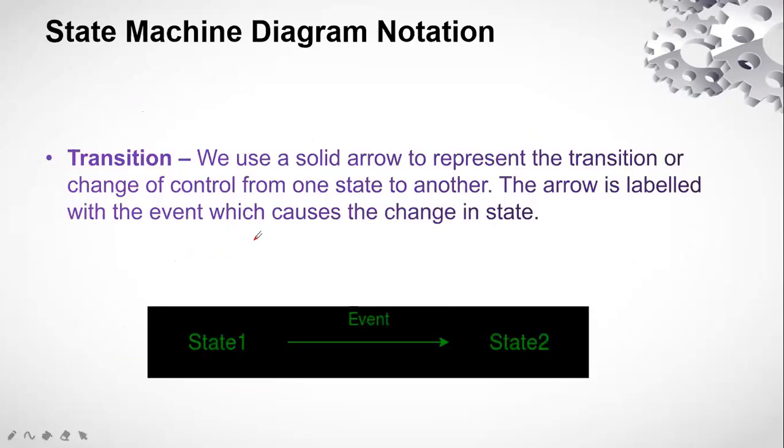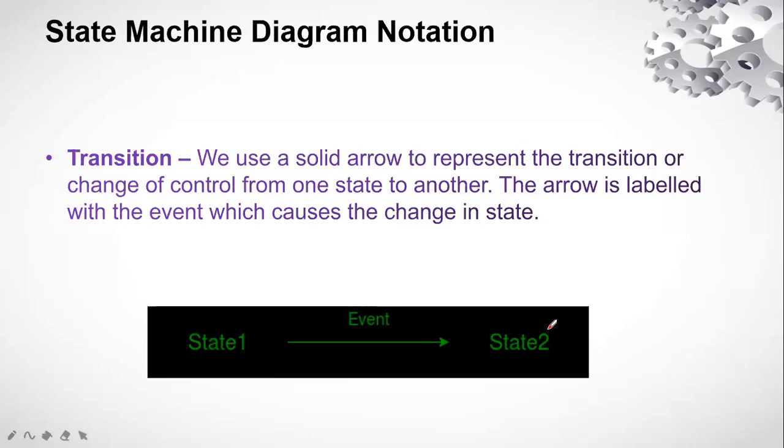Next one is called the transition. What is a transition? This particular arrow is termed the transition. It shows that the flow of control has moved from state 1 to state 2, that is from one state to another. So the transition is being done here from state 1 to state 2. As in, I have written an application, and what was the event? Giving it to the HOD.